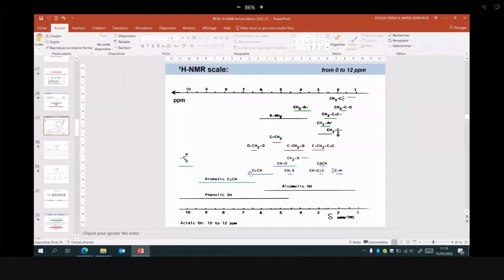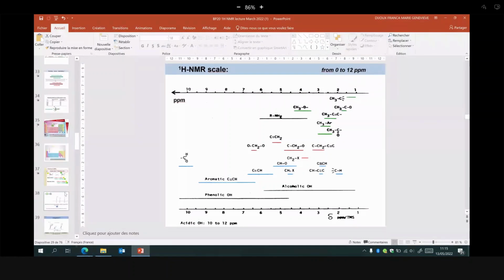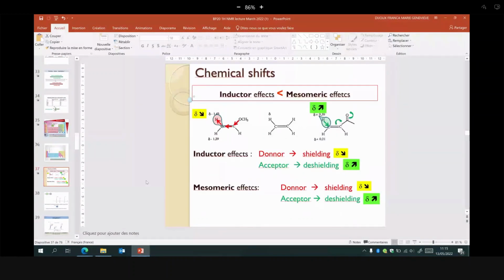You know that you should find something. If you have no substituent, you should find a chemical shift around 6 ppm. But as you have something higher, you could say that you have a substituent on the double bond, and this substituent has a withdrawing effect. So that's why the chemical shift is higher than the theoretical value that we have in the table.